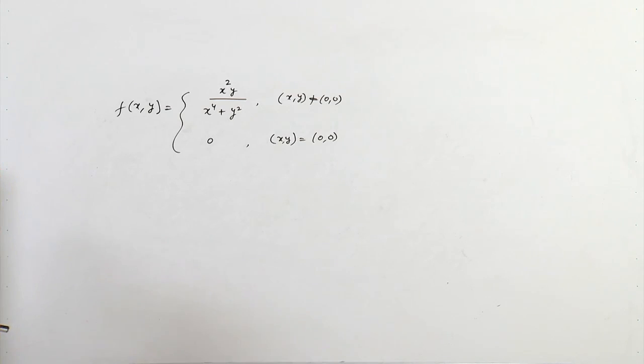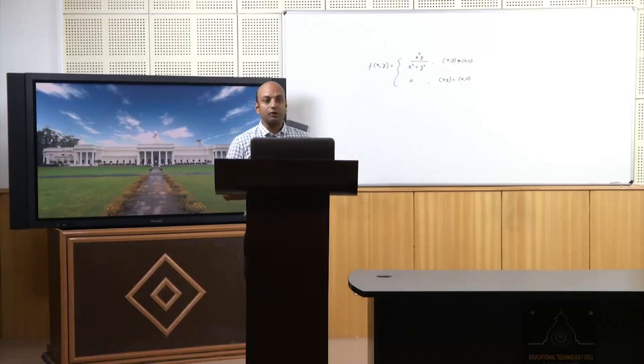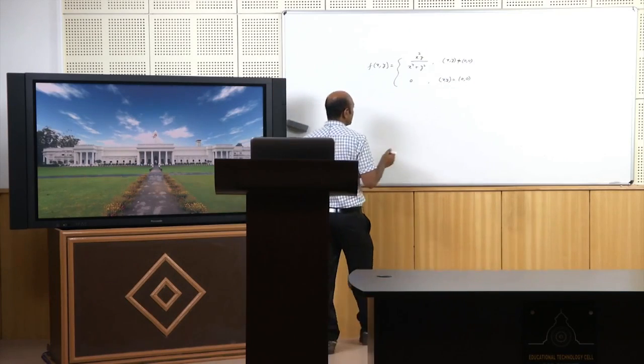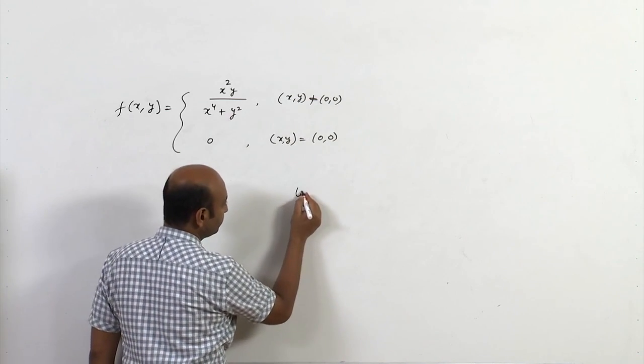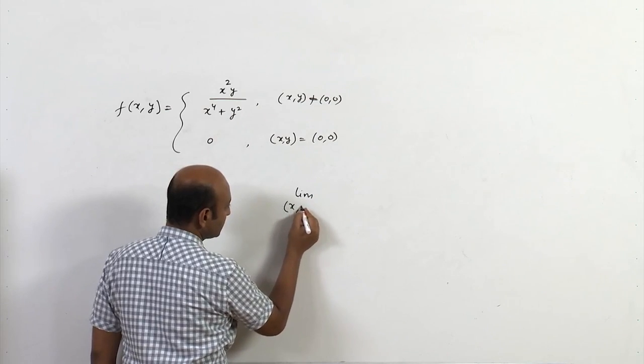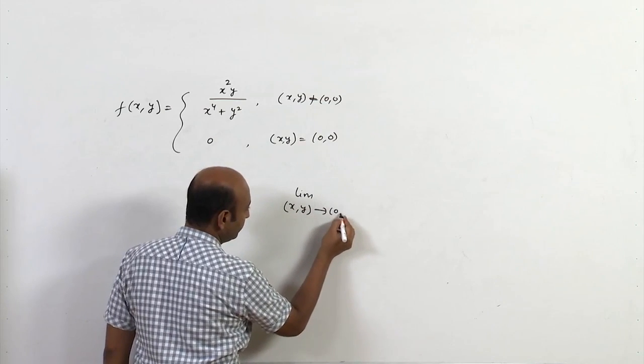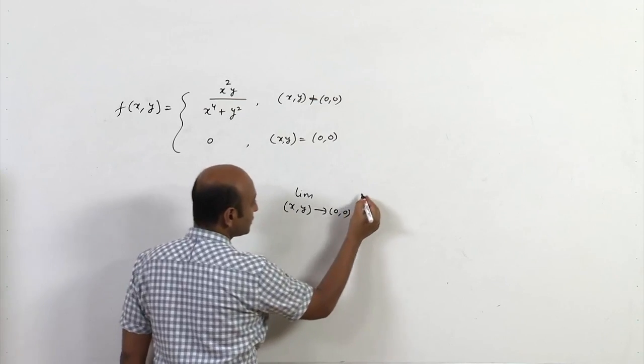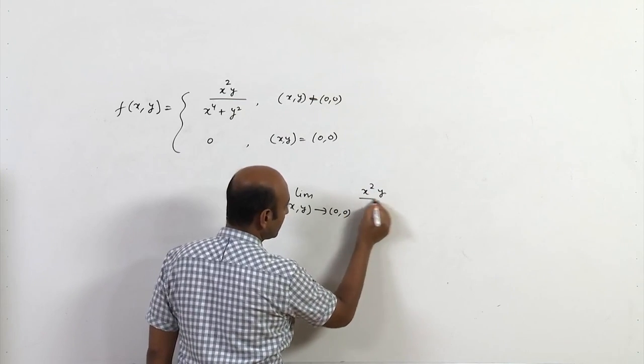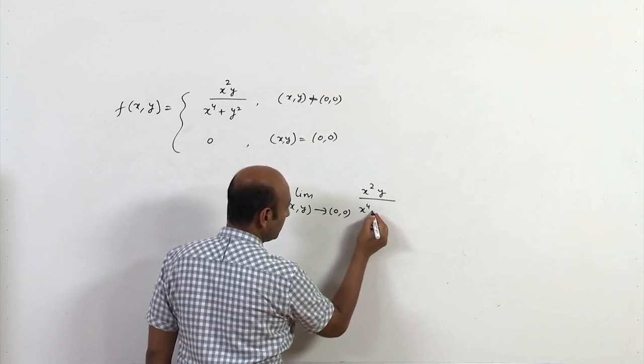Now, first we have to show that this function is not continuous at origin. Okay. So, let us find this limit first. Limit x y tending to 0 0, function is x square y upon x raised to power 4 plus y square.